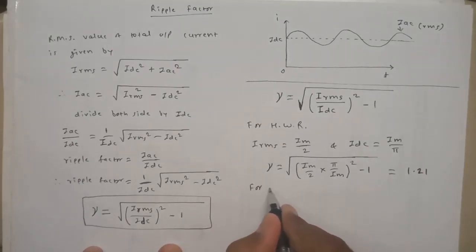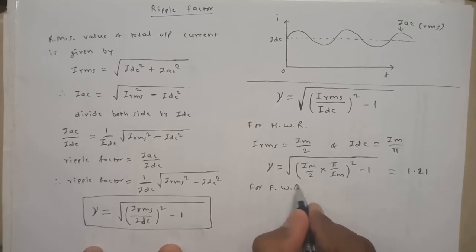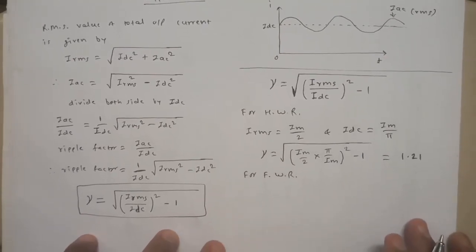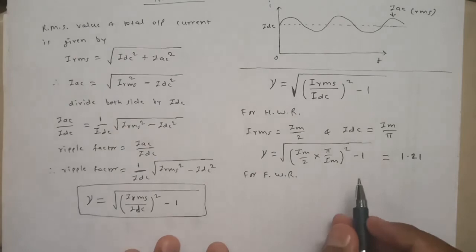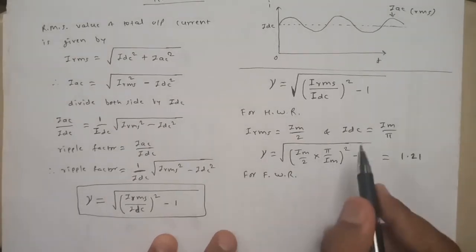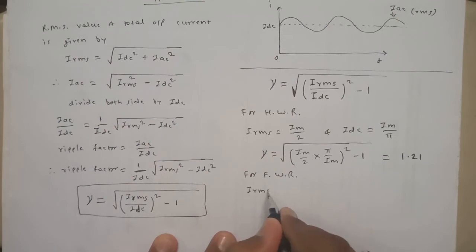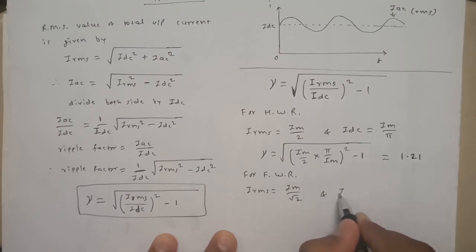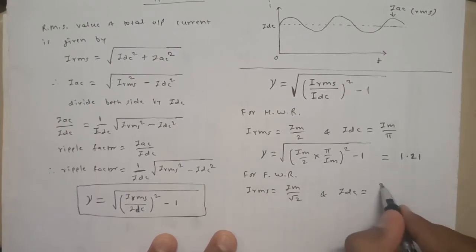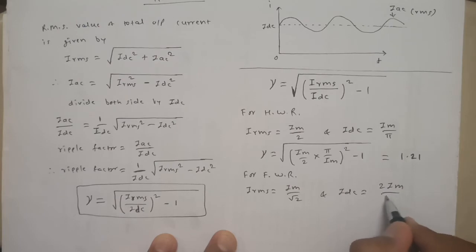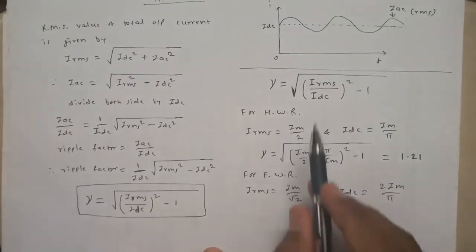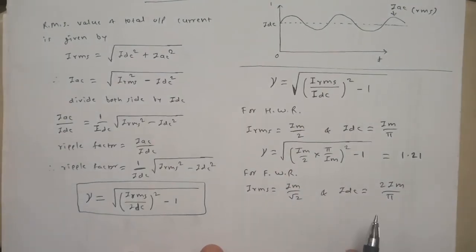Now let's check the value of ripple factor in case of full wave rectifier. For full wave rectifier, again I will be putting the value of IRMS and IDC, but in case of full wave rectifier, the IRMS is given by IM by root 2 and IDC is given by twice IM by pi. So let's put this value in the equation of the ripple factor.